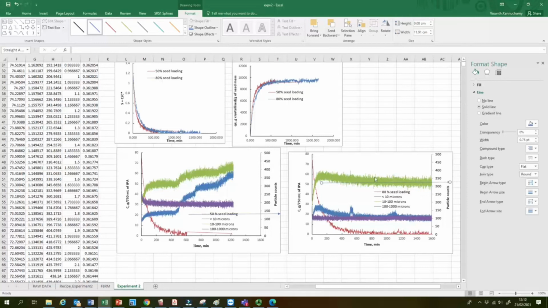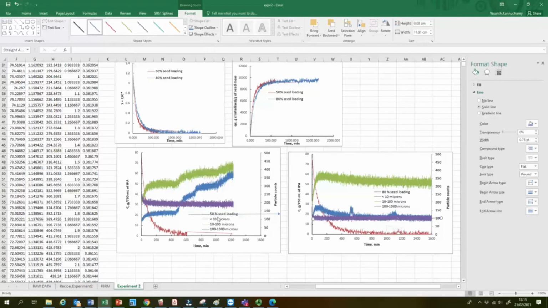These are approximately okay. If you put a line, everything is a straight line. This one is approximately constant. This is approximately constant. So this is fine. So in this experiment, there is no secondary nucleation. That's the observation you have to discuss in your report.